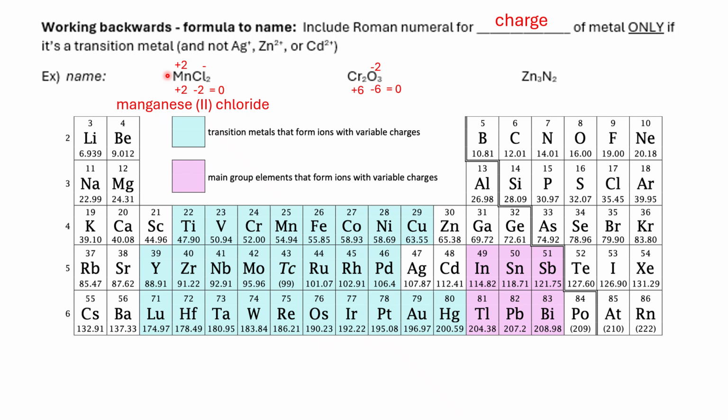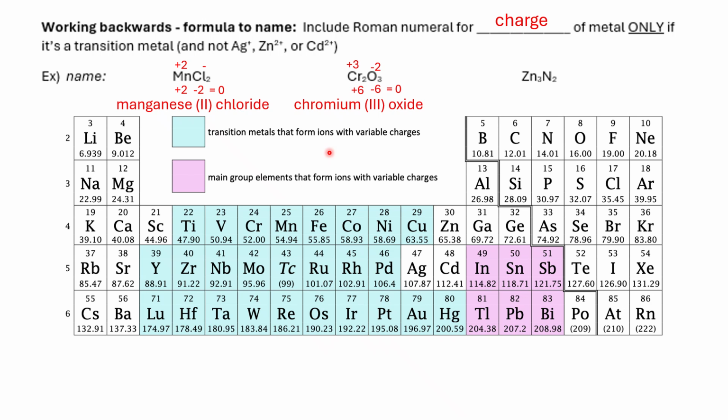Now, we do this time have to divide by a subscript on the metal, on the positive ion here, so 6 divided by 2 will give me the charge of each individual chromium ion. And that, of course, is +3. So the name of this would be chromium 3 oxide.